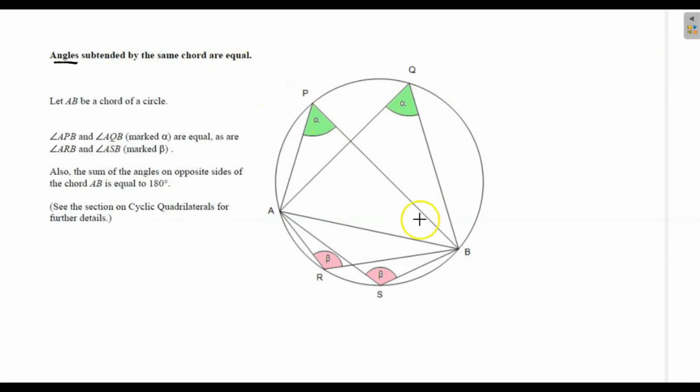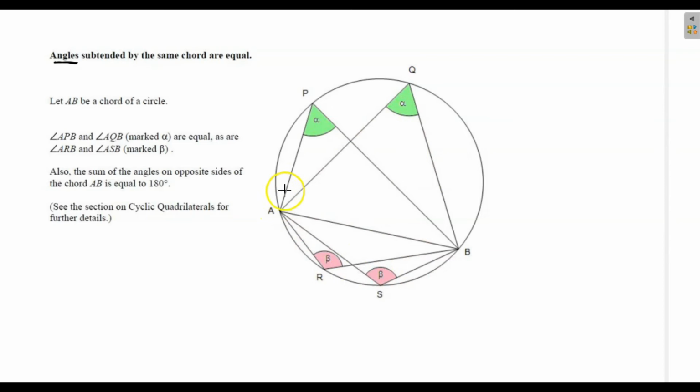I have a similar diagram here. If I have a chord AB, this chord AB has partitioned the whole circle into two segments. We have the major segment and the minor segment here.